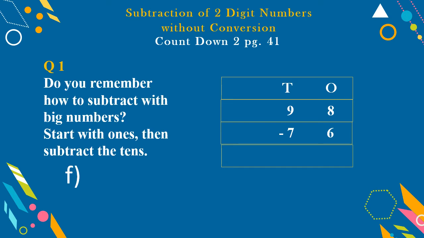So we will write 2 in the ones place of the answer. Now from tens column, we have 9 minus 7 equals 2. So write 2 in the tens place of the answer. So 98 minus 76 equals 22.